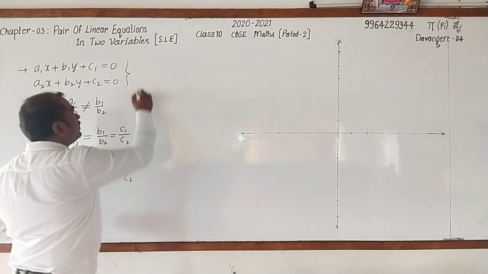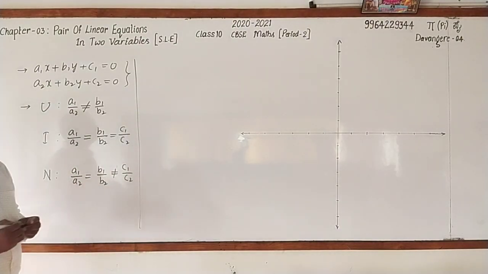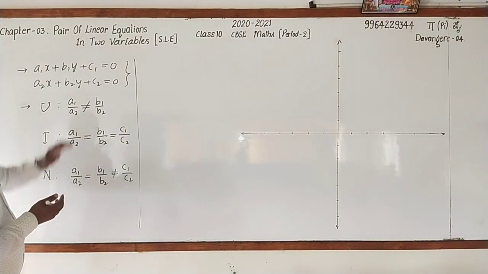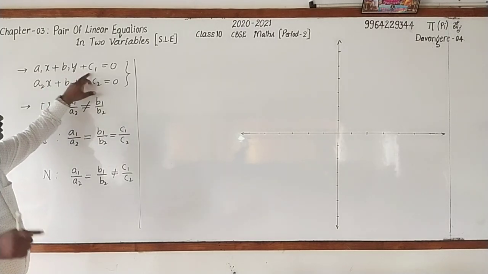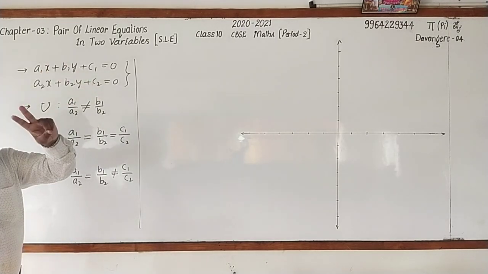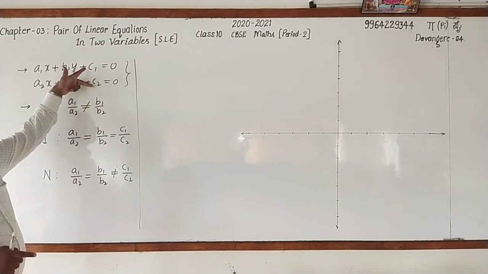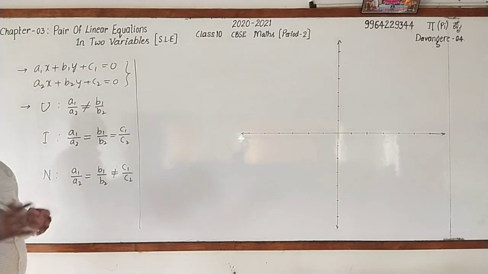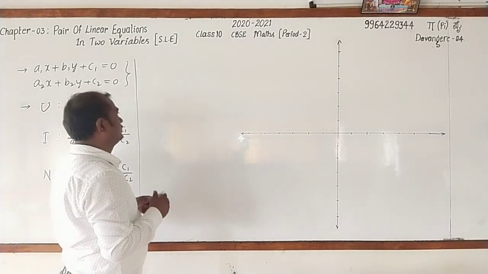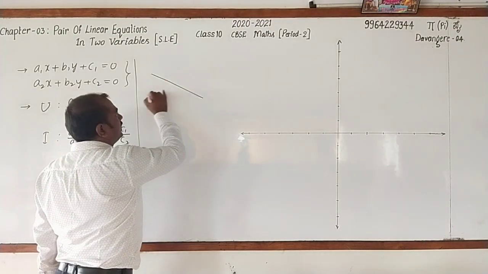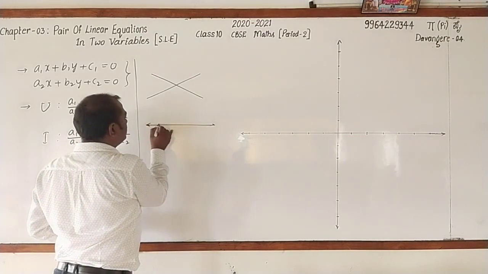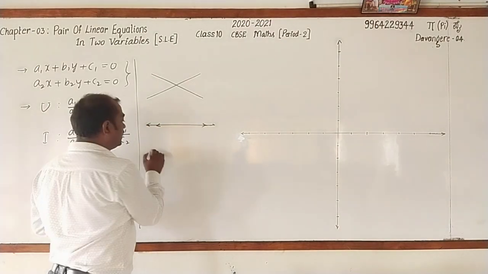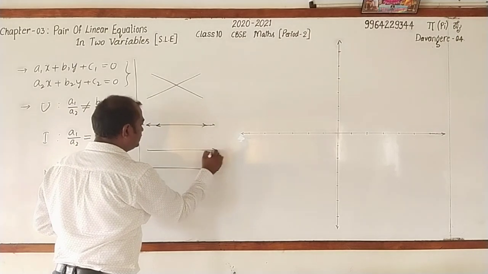Even the pair of linear equations in two variables can be represented in a graph. As we know, the graph of each equation is a straight line. We get two straight lines because two linear equations in two variables are there. And how will these lines be? On the plane, the lines may intersect each other, may coincide with each other, or may be parallel to each other.